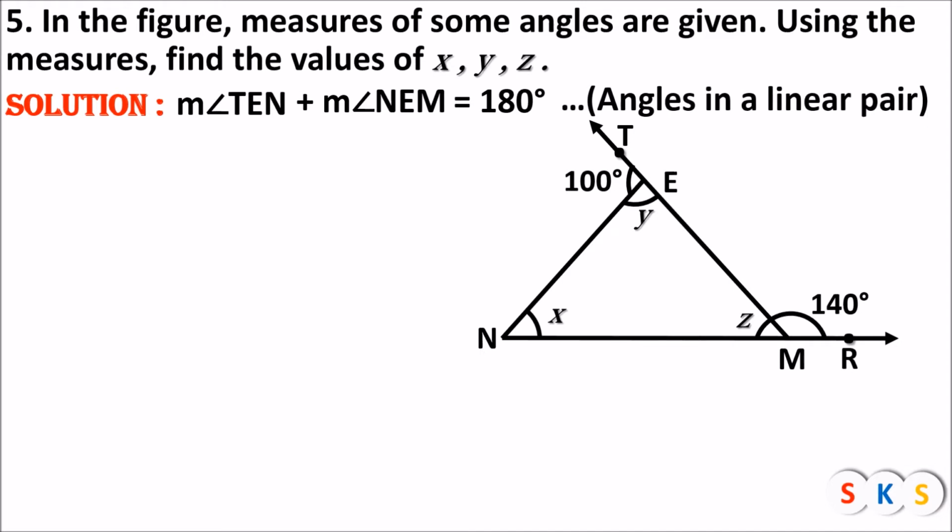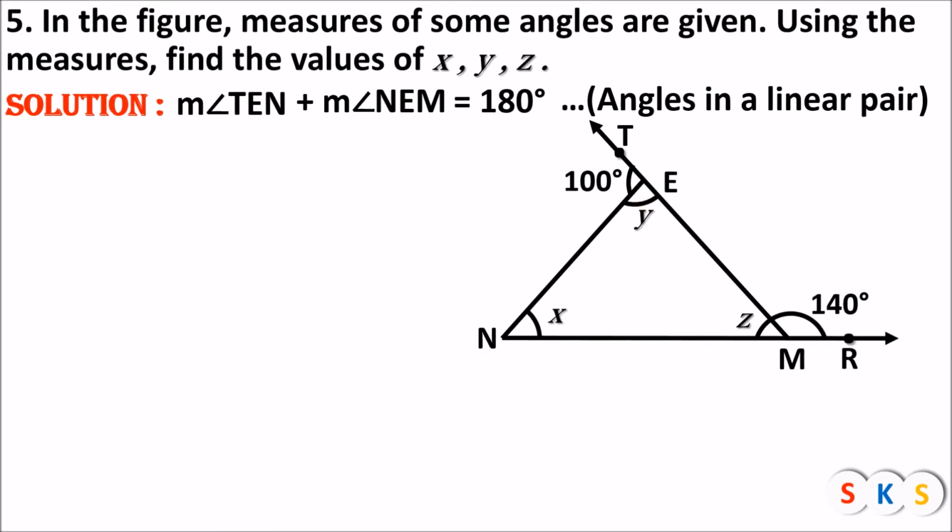You can see this figure here. Angle TEN plus angle NEM. These two angles form linear pair, right? And we know the sum of measure of angles in a linear pair is 180 degree.